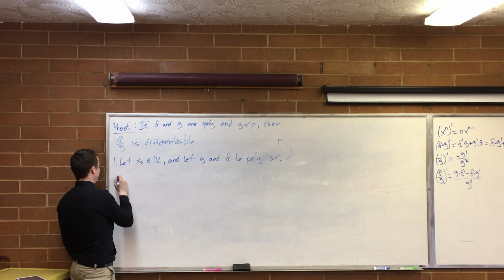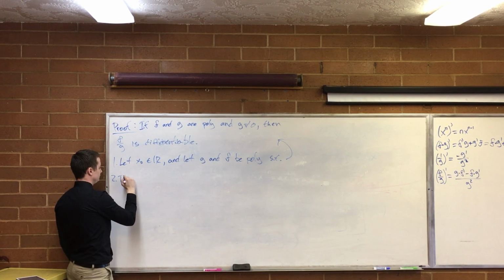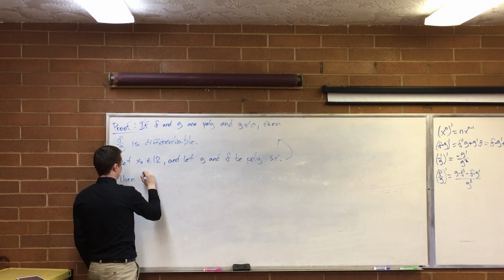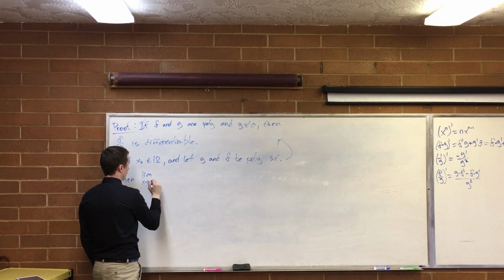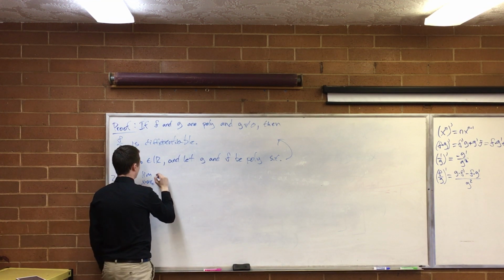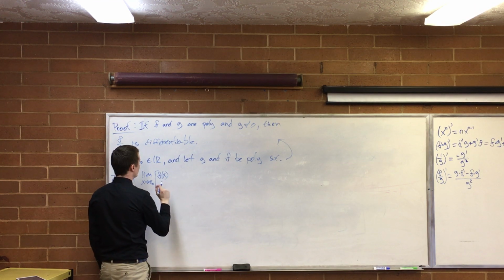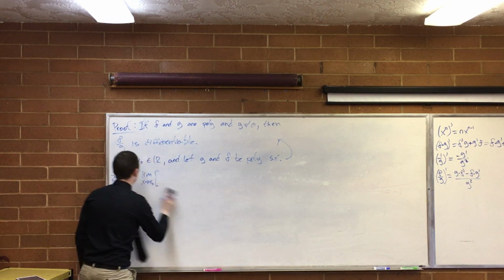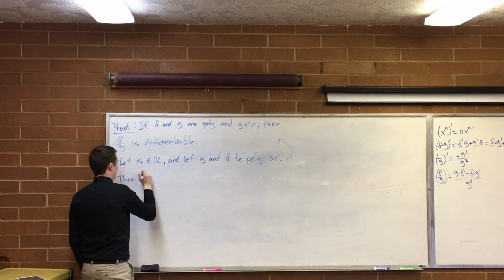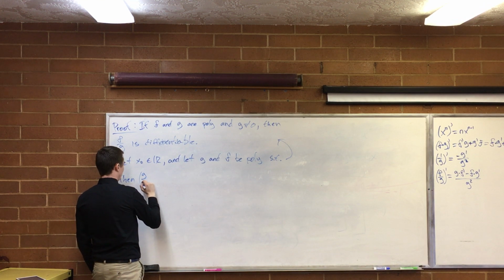So now let's take the derivative. Then, the limit as x approaches x naught of f of x. Let's write this. Now we can do f over g.